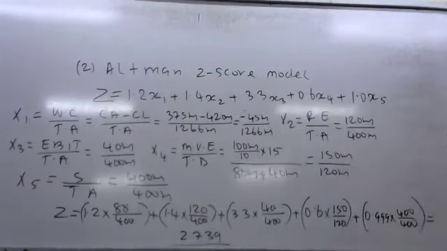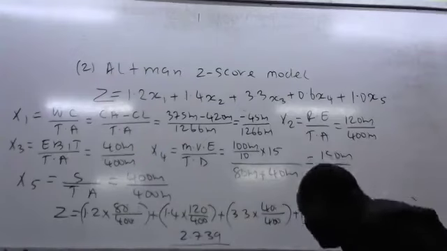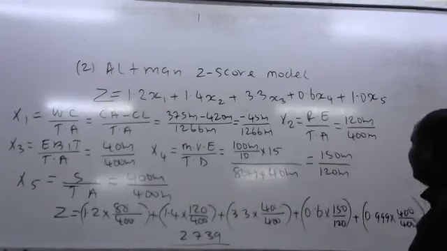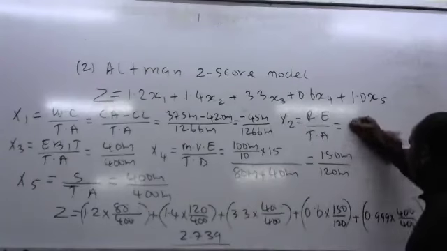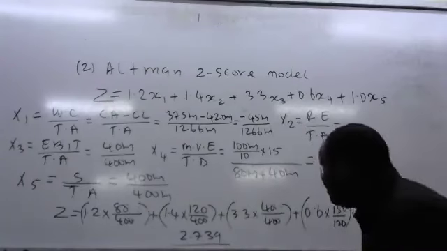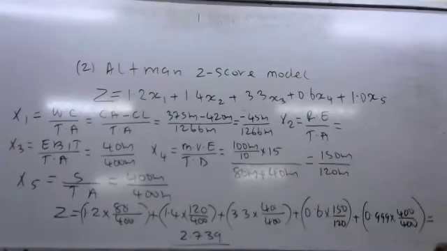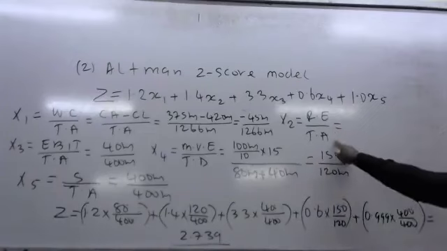Then we want to identify X2. When it comes to X2, it is the retained earnings divided by the total assets.